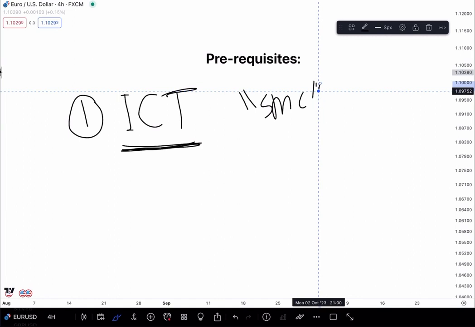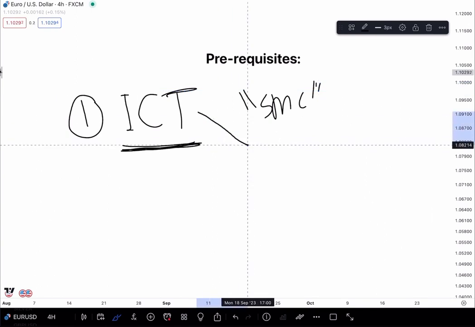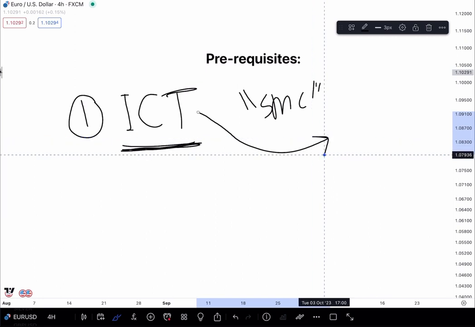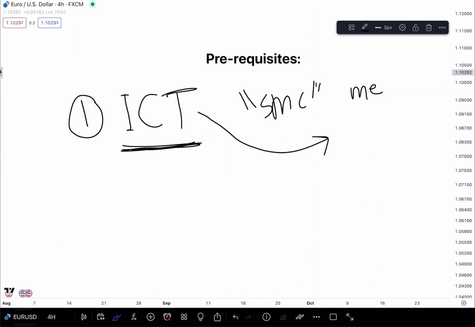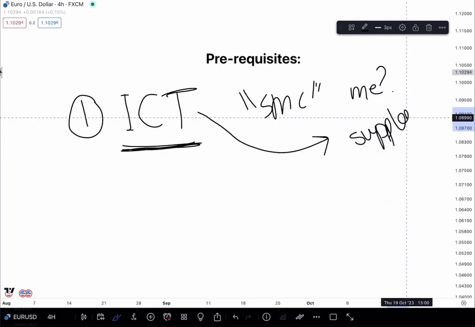Which is why you can say that I use his stuff for most of my trading. So he should be considered your source. And me, I am a supplement.